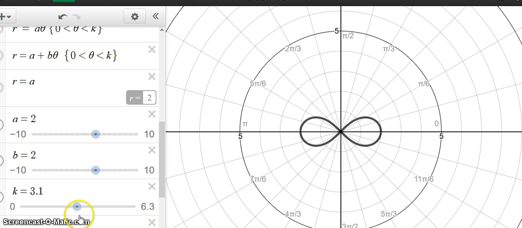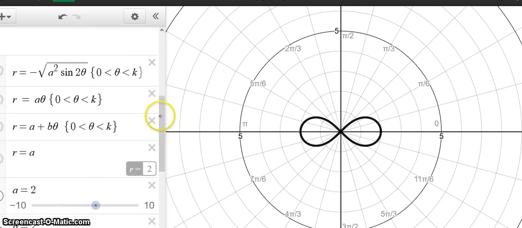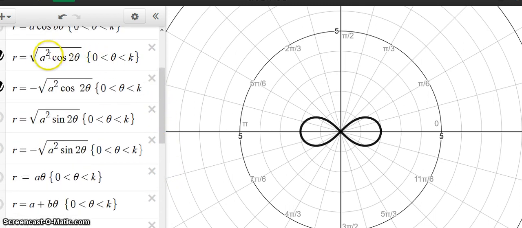Back up a little bit at pi, and we've completed it, and then we do it again. Notice that if you look closely enough, you can see it duplicating and doubling up to make it twice as dark. That's why sometimes it looks like there's nothing going on, because this is a negative value, making it an imaginary graph.